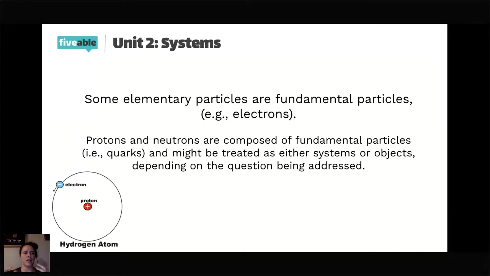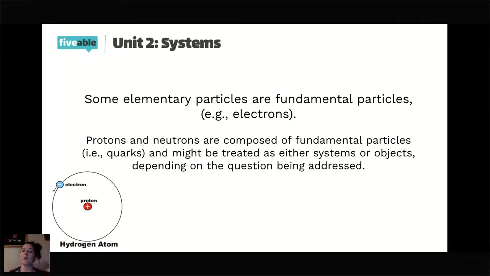So in the example of this hydrogen atom on the screen, if the problem was there is a hydrogen atom traveling at a speed of 3 times 10 to the 4 meters per second, how far does it travel in a second?